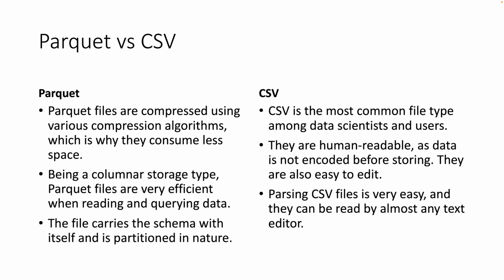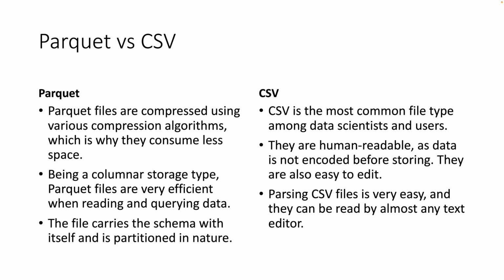Parquet files are also a columnar storage type, so they are very efficient when Spark reads or queries data. And finally, the Parquet files carry the schema with them, and they are partitioned in nature.